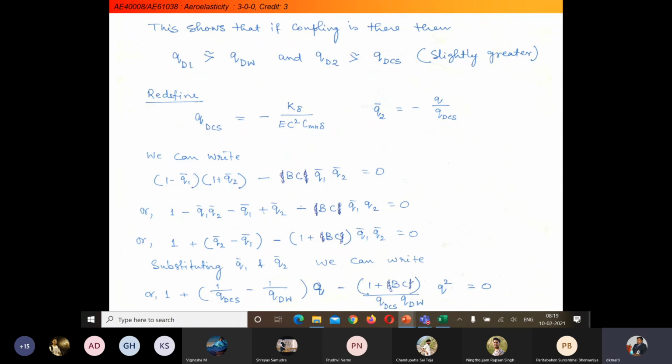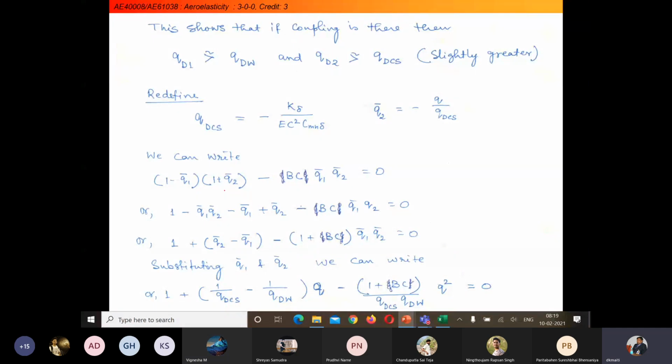So redefining this concept, QD control surface we already defined earlier, and then I am taking this equation 1 minus Q1 multiplied by 1 plus Q2 bar.